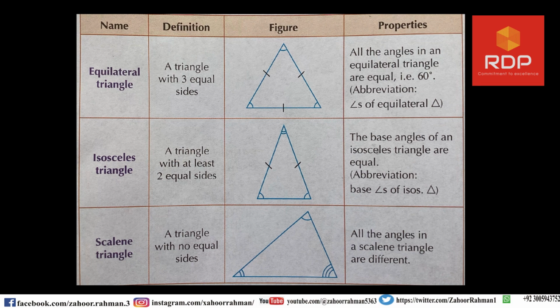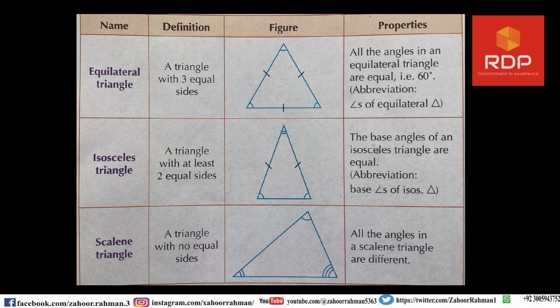One thing more, ladies and gentlemen, the angles inside the triangle are called interior angles. There are exterior angles, and we will discuss that in a moment as well. But let us first concentrate on this property.